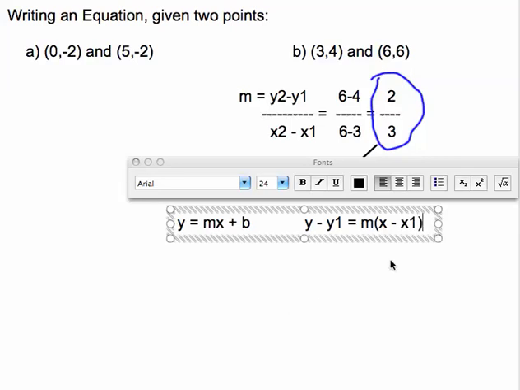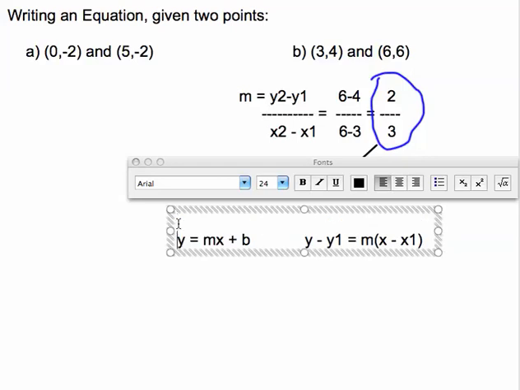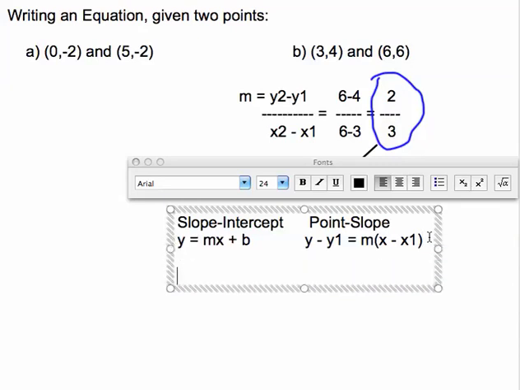If you remember what that's called, the one on the left, that's slope-intercept, and the one on the right was called point slope. So all you do is substitute in your values. I'm going to use the method on the right, which was point slope, just for the interest of the problem.